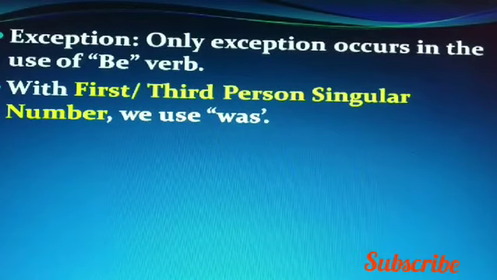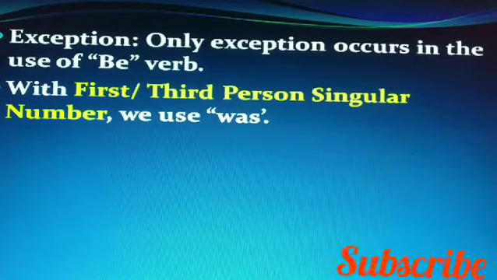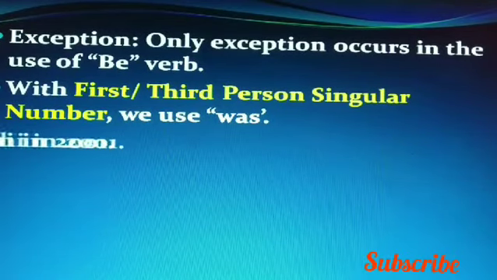With first and third person singular number, we use was. With first person singular number and third person singular number, we use was, past form of be verb. And in other cases, we use were. But with other forms, we just use the past form of the verb.